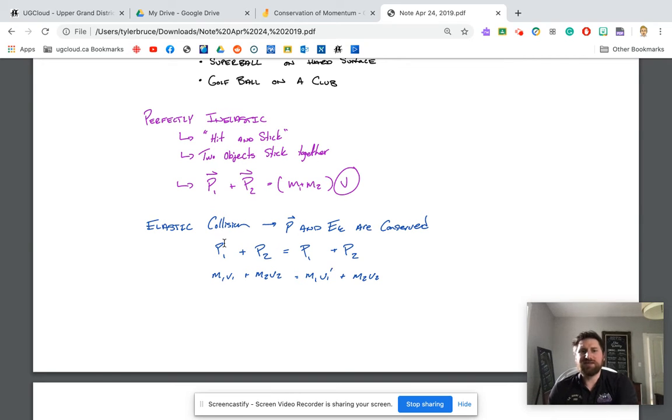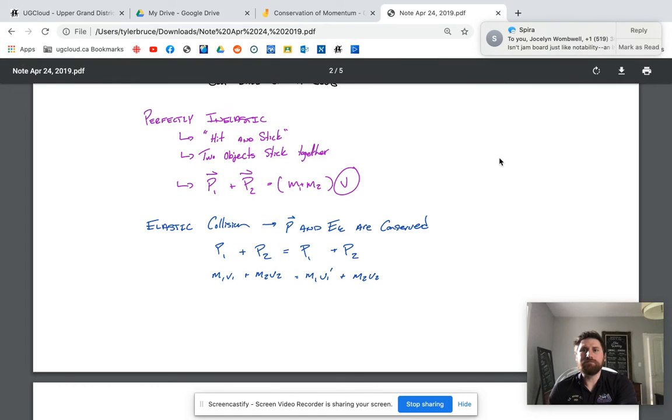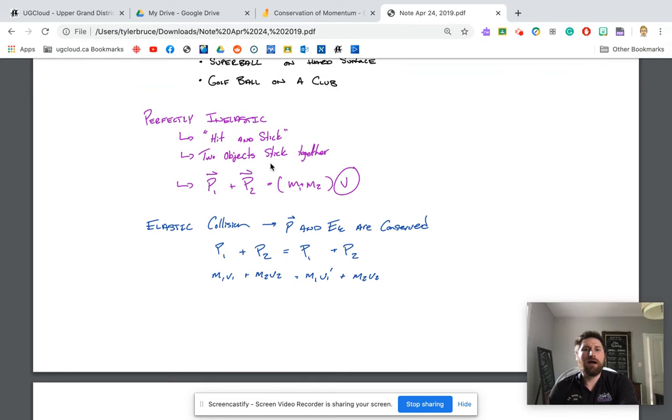So this equation is formed because the momentum m1 v1 plus m2 v2 is conserved, and after the collision, that momentum has to go somewhere. So we're going to say m1 v1 prime, which is the speed of the first object after the collision, and m2 v2 prime, the speed of the second object after the collision.